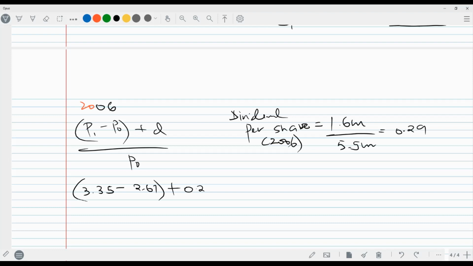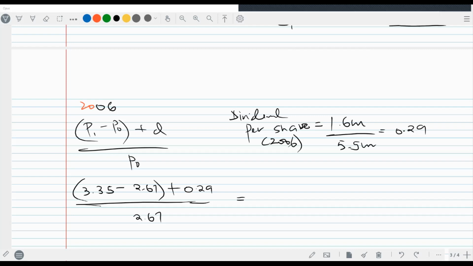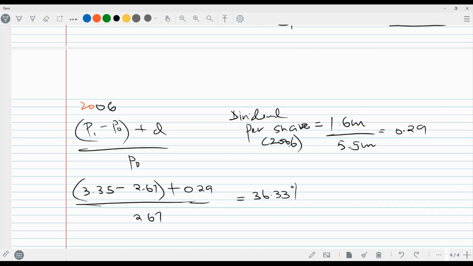So plus 0.29, and we divide by the share price at the beginning of the year, 2.67, in percent. What do you get for the return in 2006? 36.33%. That's for year 2006.